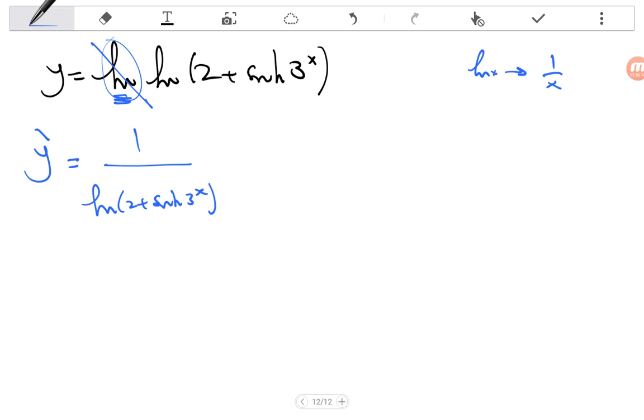So now I have finished that ln. I would go inside it. Now I will just multiply by the derivative of what is inside it. Okay? Now, just you need to notice, I'm not looking here. I'm looking in the original function. Okay? So that function is finished. What is inside it?